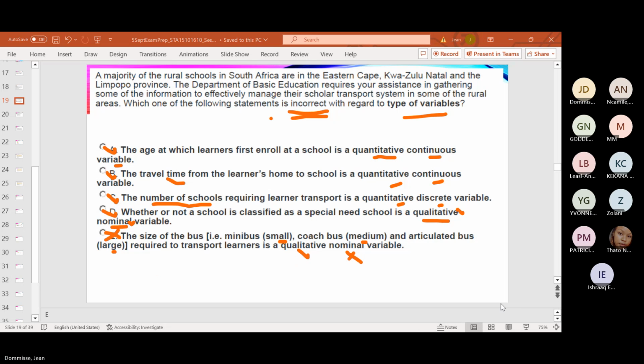So for this one, it takes time, but one nearly needs to work through the questions to get to the answer, and unfortunately this one was the last one.